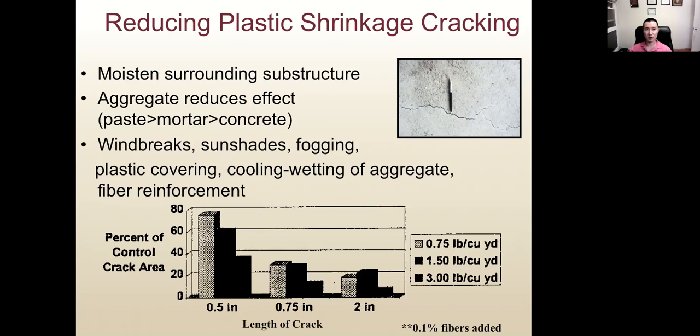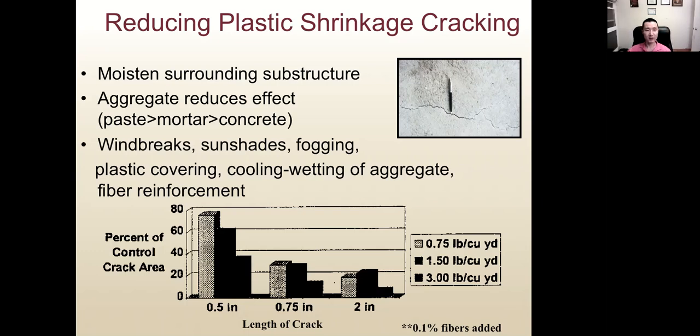Sometimes we can also increase the amount of aggregate, because cement paste will shrink more than mortar, and mortar will shrink more than concrete. That is because shrinkage only occurs in cement paste. Aggregate will never shrink. So the more aggregate in the system, the less shrinkage.